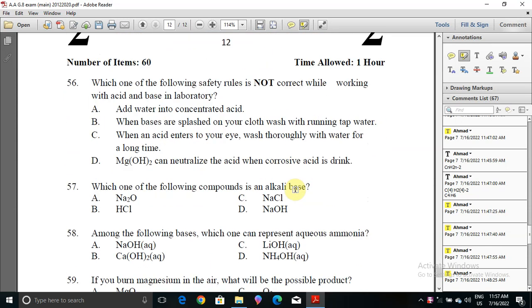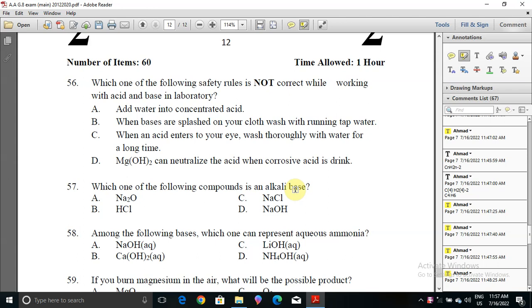Okay, now question number 56. Which one of the following safety rules is not correct while working with acid and base in laboratory? Add water into concentrated acid. When bases are splashed on your clothes, wash with running tap water. When an acid enters your eye, wash thoroughly with water for a long time.